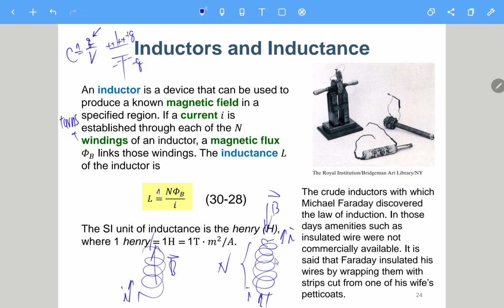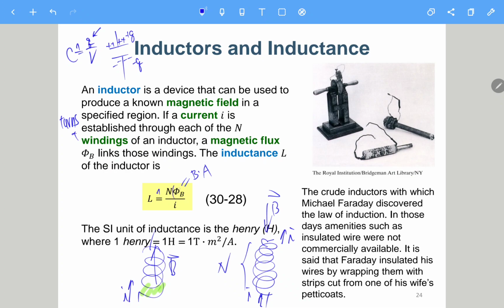So in this case, if we have some current going through this inductor, it will generate some B field. So across this cross section, each winding will have phi b. Phi b equals B times A. We assume the B field is uniform inside, so it is just B times A, where A is the cross-section area.